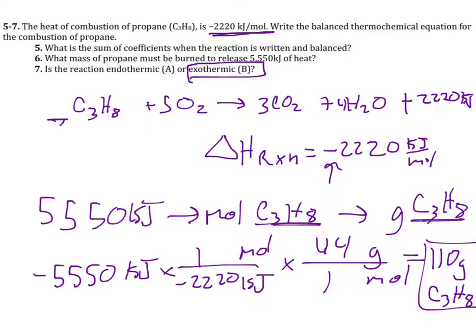So what this is saying is, if we want to produce this many kilojoules of heat, we would need to burn 110 grams of propane. And this is a very practical equation that is used quite a bit within HVAC.